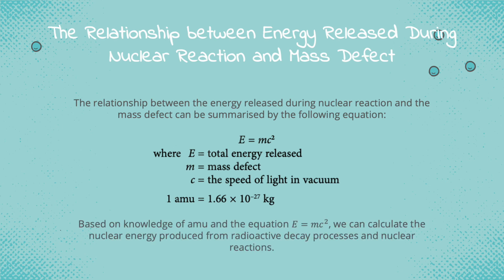Based on the knowledge of atomic mass unit and the equation E equal to mc squared, we can calculate the nuclear energy produced from radioactive decay processes and nuclear reaction. We will continue this in our next class.